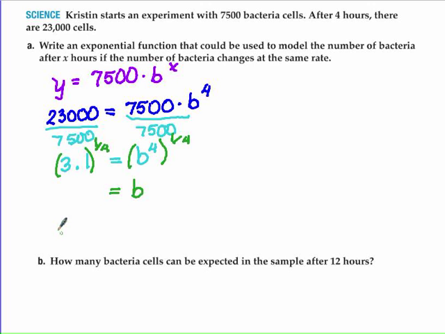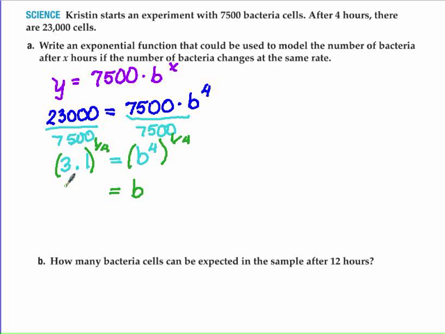What does it come out to be? 1.3. 1.326, somebody got? Let's see what we should have gotten. 3.1 to the 1/4 is 1.3269, so about 1.33.